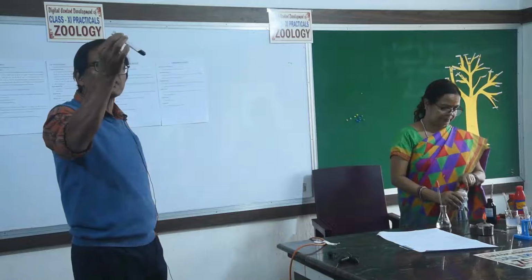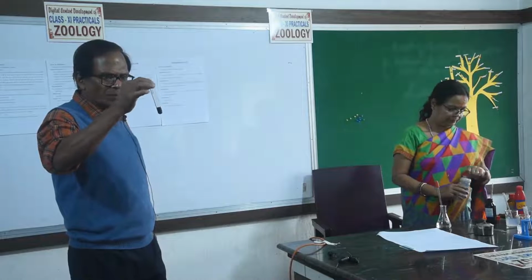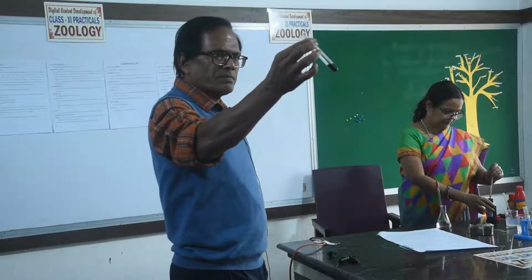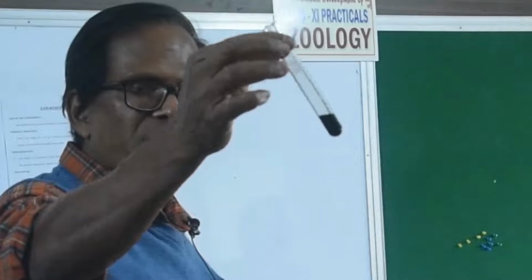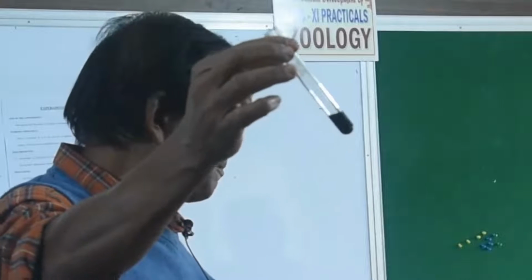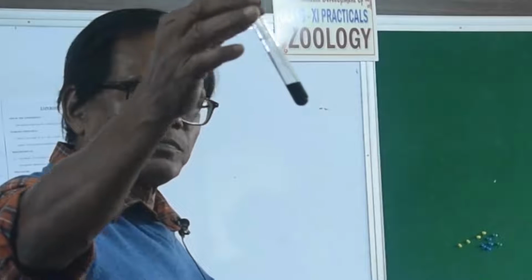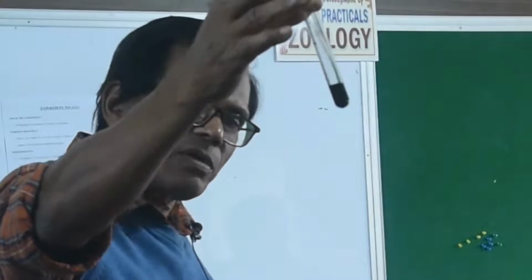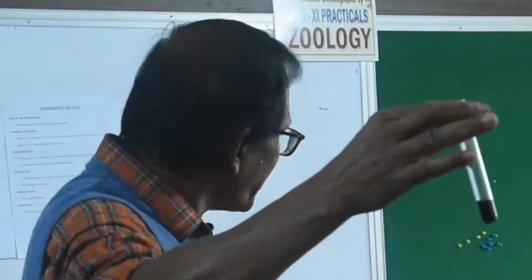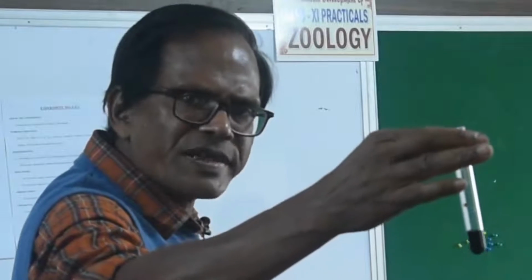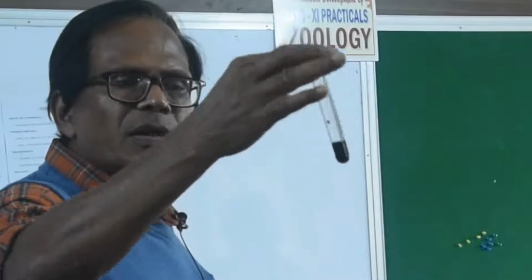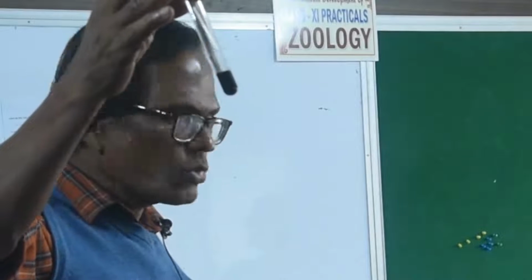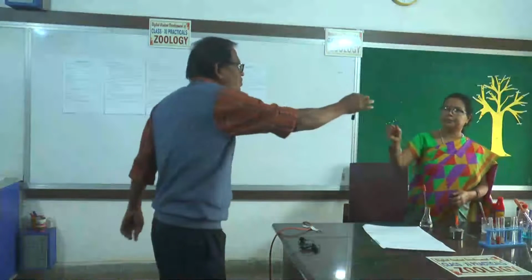This is intensely blue-black or blue in color. Look at this. This is the result of the iodine test. We have already gone through the Molisch test in the past experiment. Following the Molisch test, we undertake this test. Two tests, so starch is confirmed.